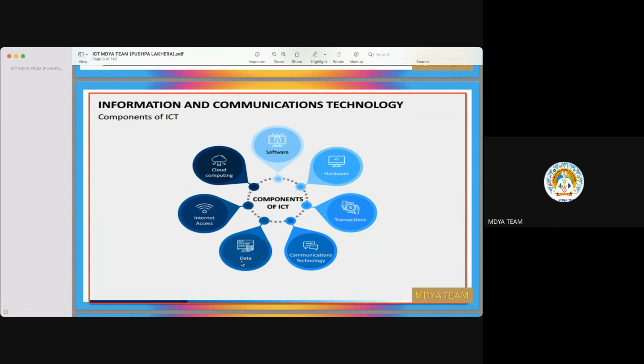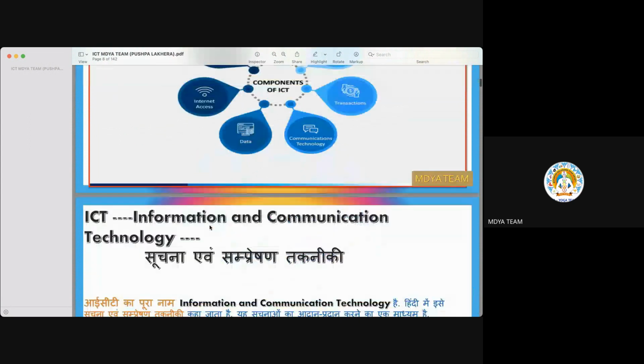That is data. And what is needed to connect two different pieces of equipment, two different hardwares at different places? Internet access, and cloud computing, where you can keep your data and access it from any place. So these are the components.